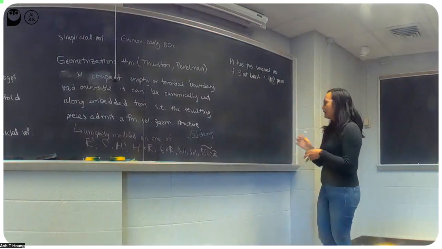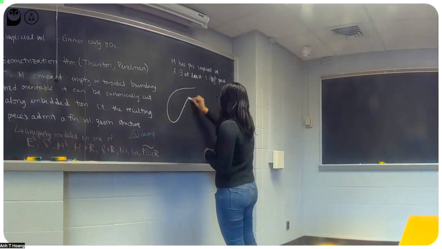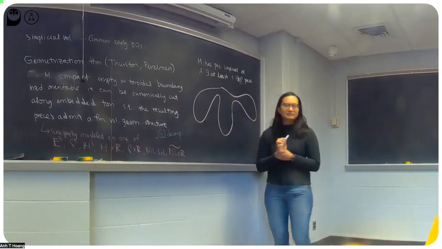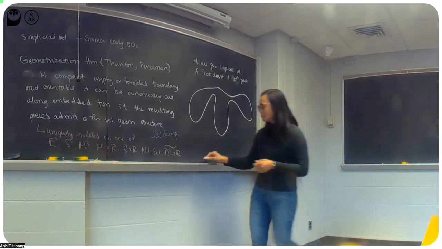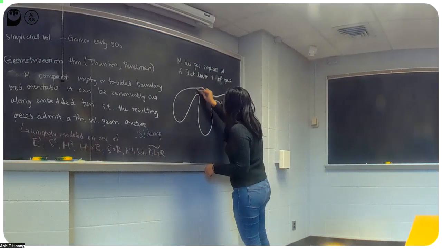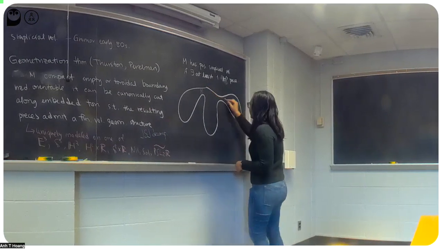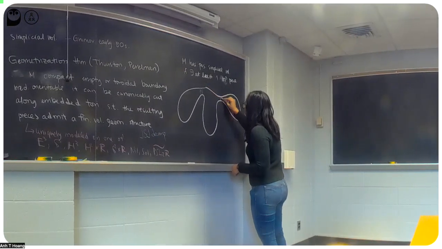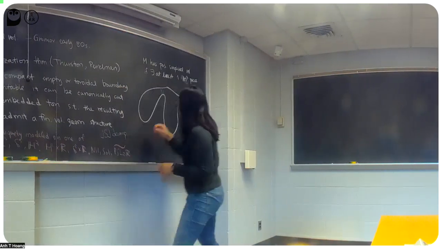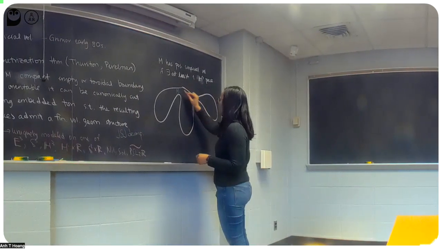Okay, so here's a picture of what M could look like. This is how I draw a three-manifold. And there's a canonical way to cut along some tori. Let's say here's some tori. And at least one of these pieces, let's say like this one in the middle.